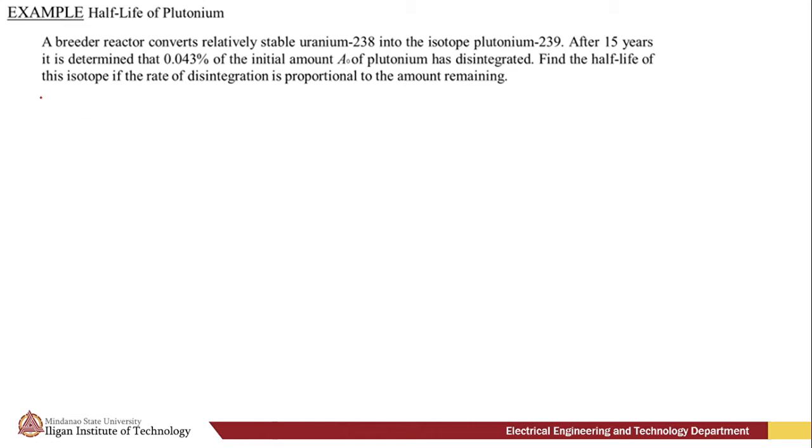So we have here, at t equals 0, the amount of substance present is A sub 0. Then at t equals 15 years, 0.043% of the initial amount of plutonium has disintegrated. So this is the disintegrated amount of the substance.